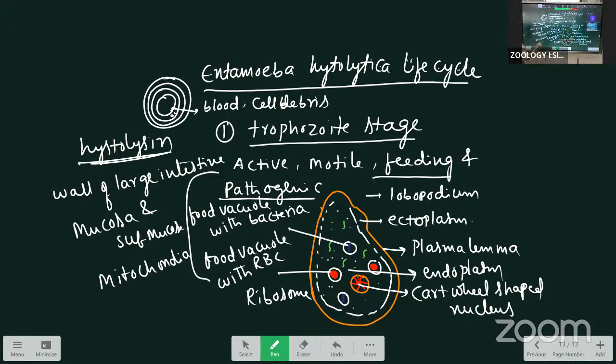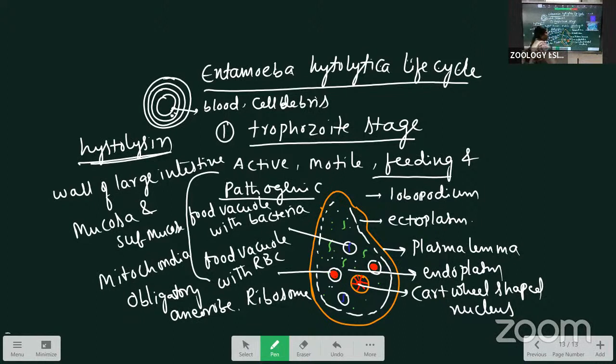That's why Entamoeba is called an obligatory anaerobe. Also, endoplasmic reticulum is absent, and contractile vacuoles are also absent in the trophozoite stage. The trophozoite stage is the mature stage, and the active, motile, feeding and pathogenic stage.